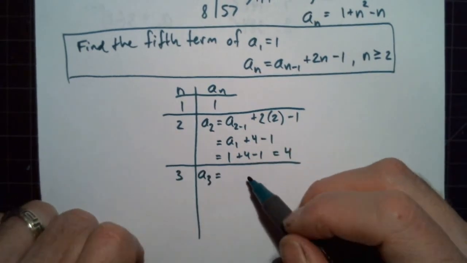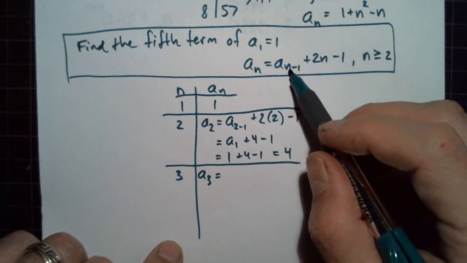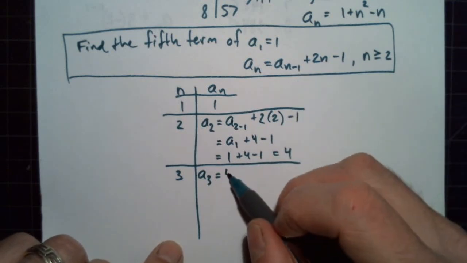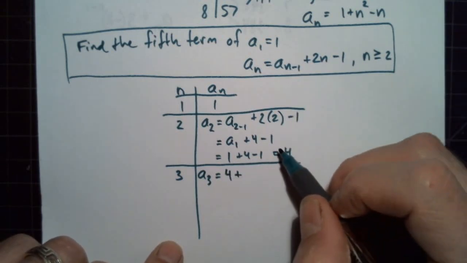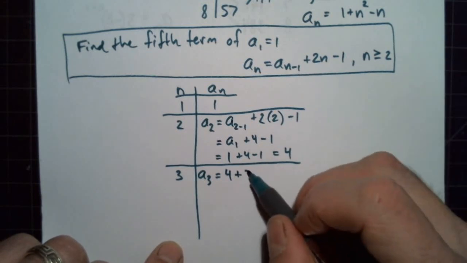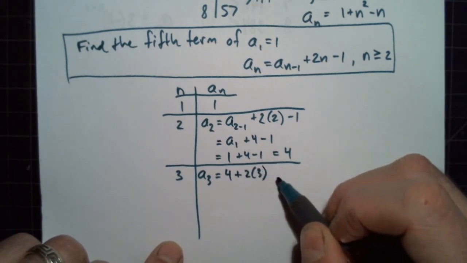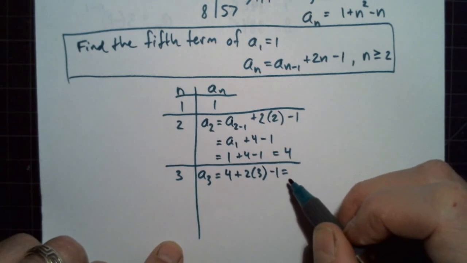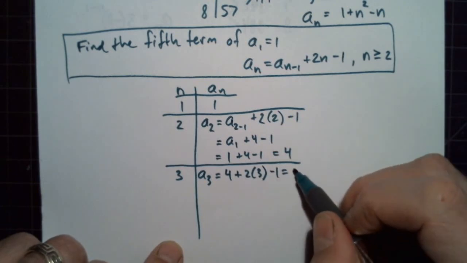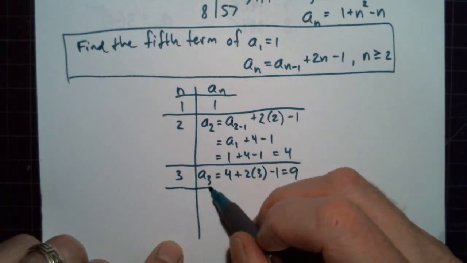A3 equals, it'll be A2, it'll be 2 times 3 minus 1. 10 minus 1 is 9.